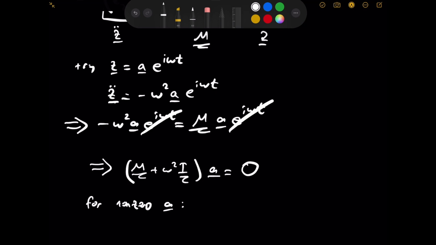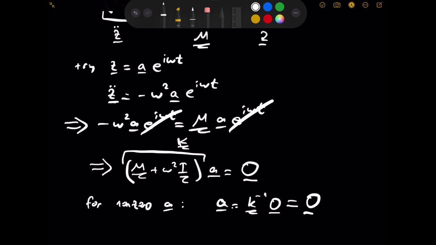If this part is invertible, let's say that part is the matrix K, then a would just be K inverse times 0, the zero vector. This is a vector, right? And then a would be 0. But we're looking for non-zero a, so we don't want this happening. So K should be non-invertible. And there's nothing wrong with a being 0.